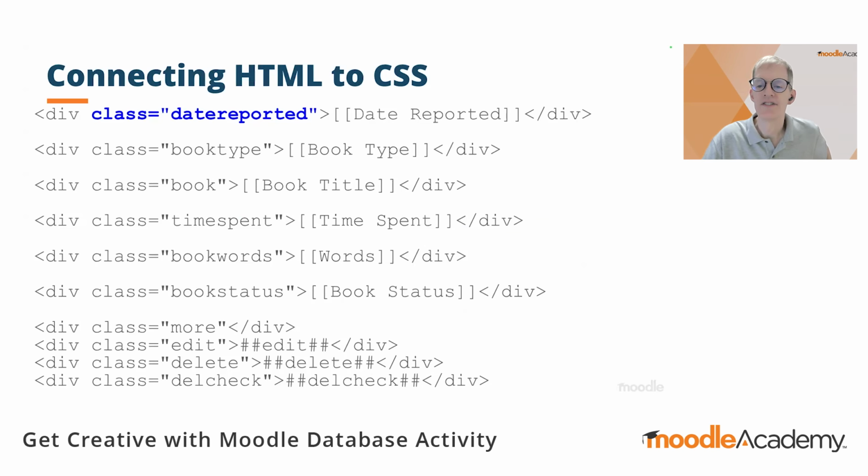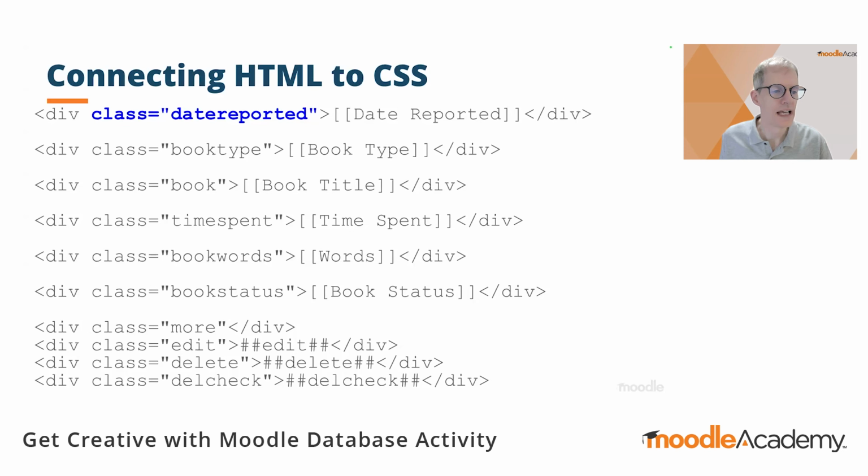So in our HTML, inside the list view template repeated entry, I have a div tag with a class called date reported. This is what links the HTML to the CSS and informs where and how this element should display on the page.